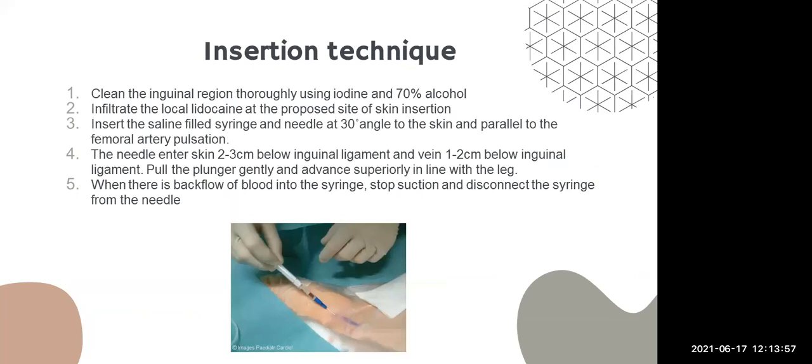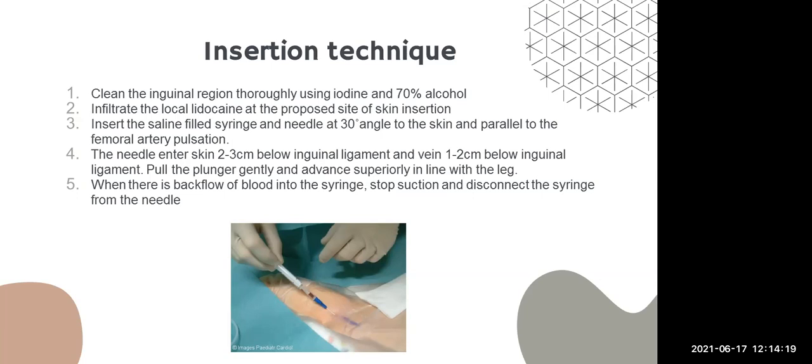We clean the inguinal region thoroughly using iodine and 70% alcohol with a swab, and then infiltrate local lidocaine at the proposed site of skin insertion. Insert the saline filled syringe and needle at a 30-degree angle to the skin and parallel to the femoral artery pulsation.